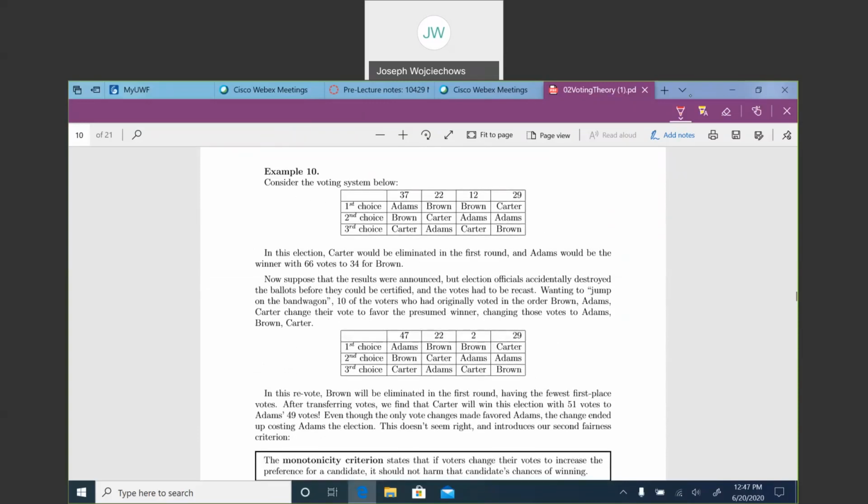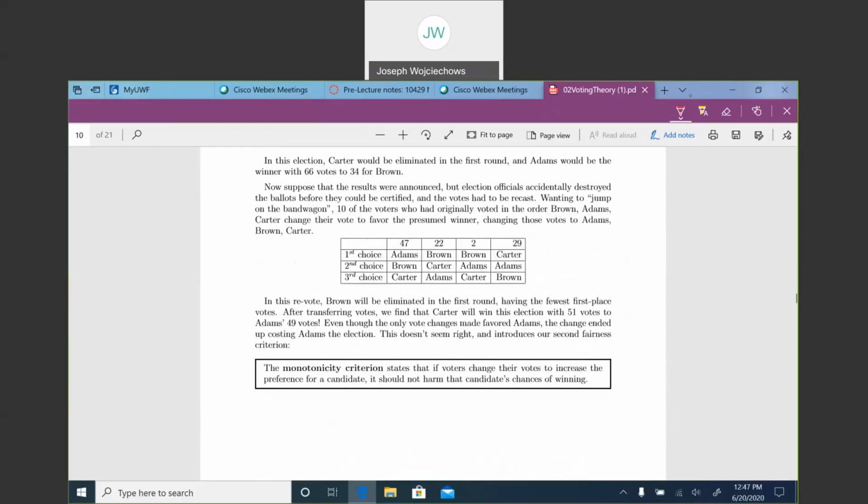So let's consider the following voting system. We have our votes. In the election, Carter would be eliminated in the first round, and Adams would be the winner with 66 votes to 34 for Brown. Now suppose that the results were announced, but election officials accidentally destroyed the ballots before they could be certified, and the votes had to be recast.